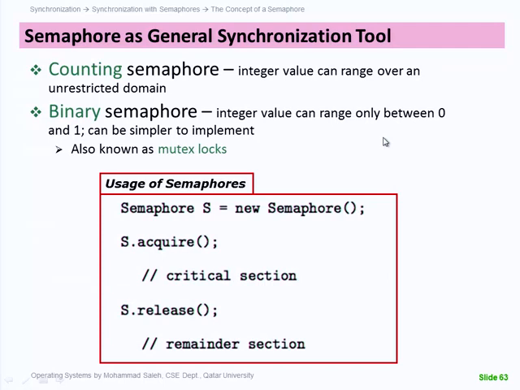So when we model these resources, okay, we model each one of them using a semaphore, a semaphore with a value that had been set to the number of instances of the resource. For example, if I want to implement, say, the USB port, and I have 3 USB ports in my system, then I can model that with a semaphore of 3. Initially, I have 3 instances of this resource.